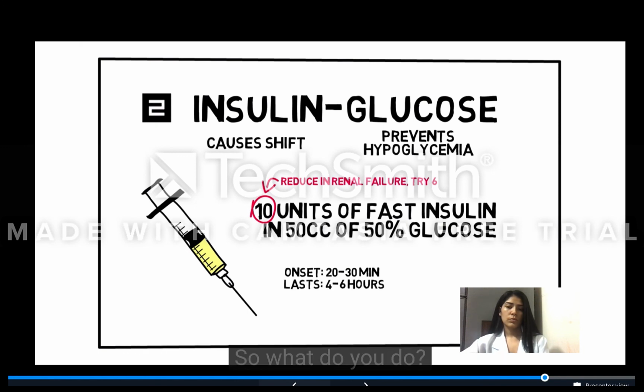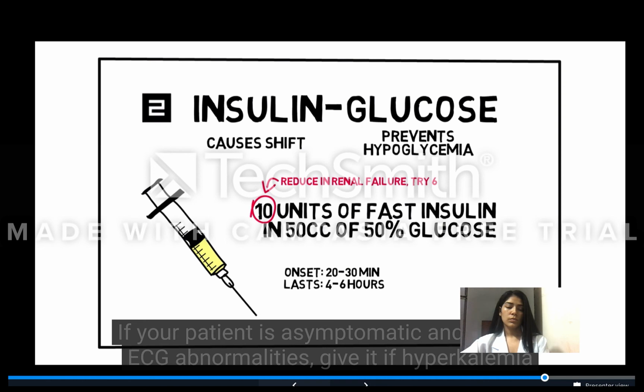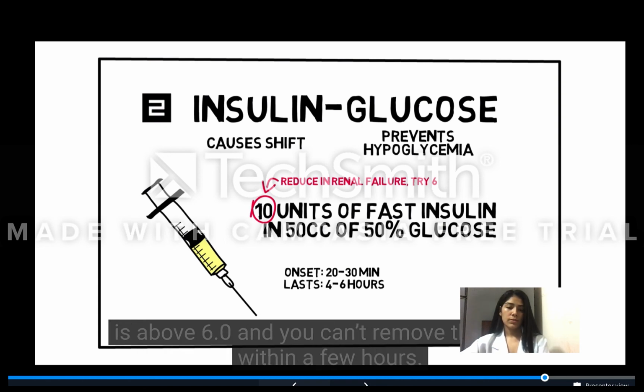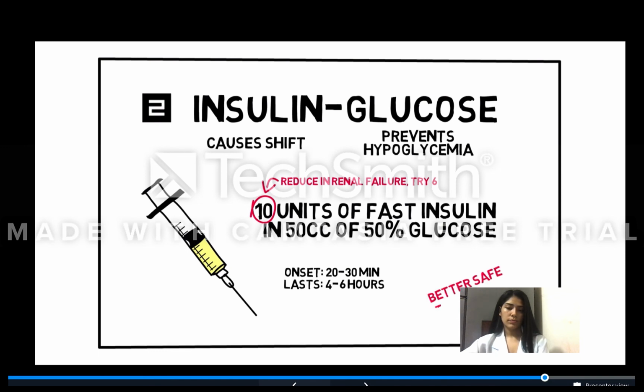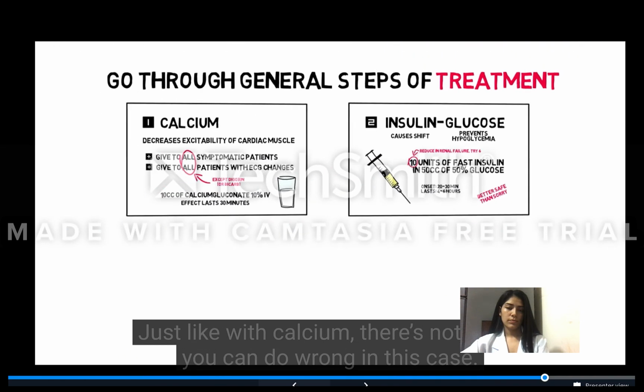So what do? Give it to all patients that are symptomatic or have ECG changes. If your patient is asymptomatic and without ECG abnormalities, give it if hyperkalemia is above 6.0 and you can't remove the cause within a few hours. Just like with calcium, there's not much you can do wrong in this case.